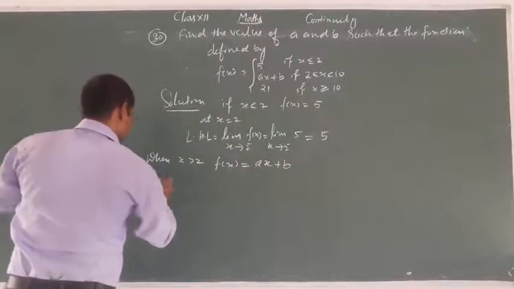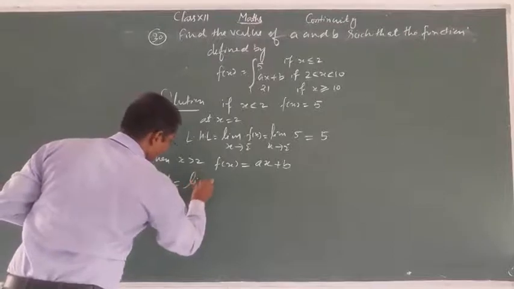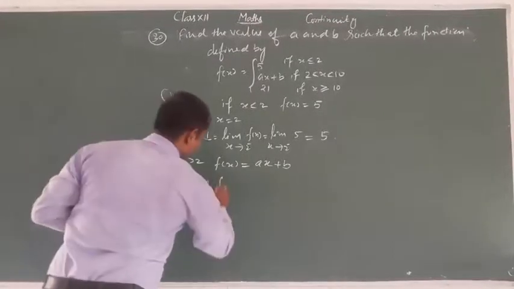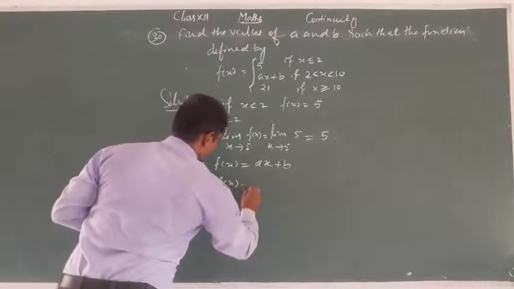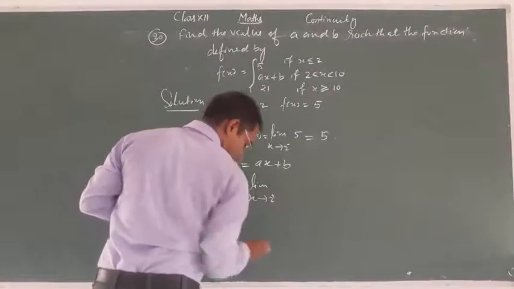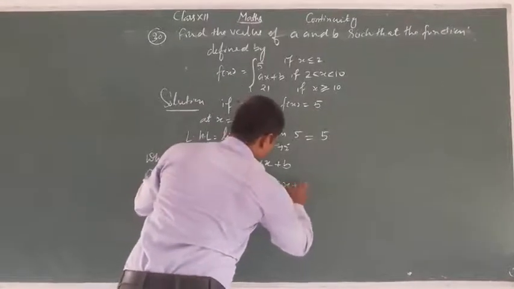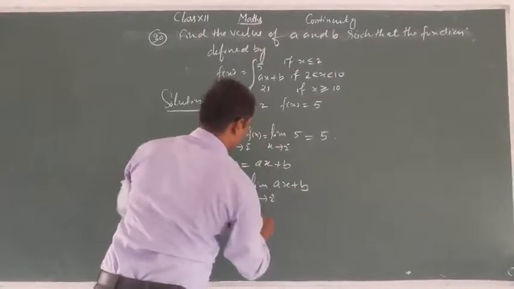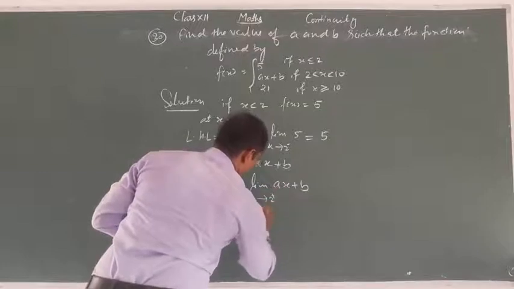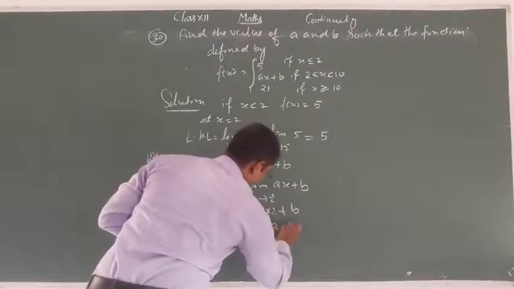Now the right hand limit, limit x tends to 2 from the right of f(x), is ax plus b. Now put x equals 2 here: a into 2 plus b, so 2a plus b.